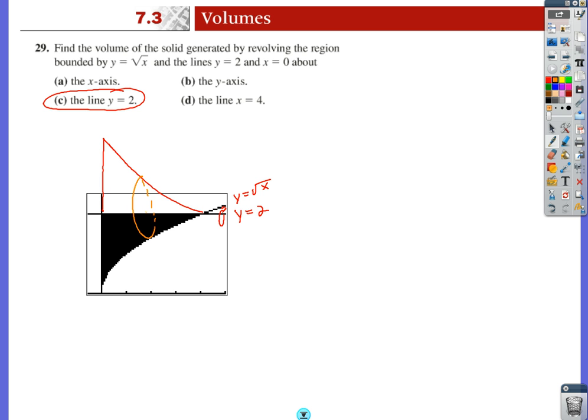That's why I always put my dot here. And I go down to my original function. That right there is my radius that I'm looking for. How can I find that radius? Because it's not a part of any function that I have. It's a leftover piece of a function.